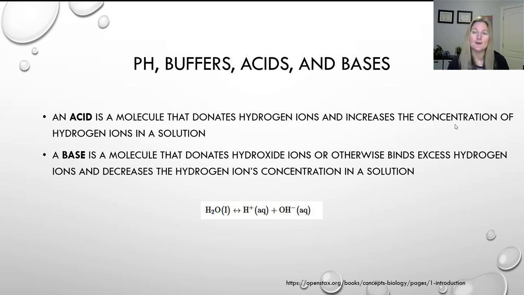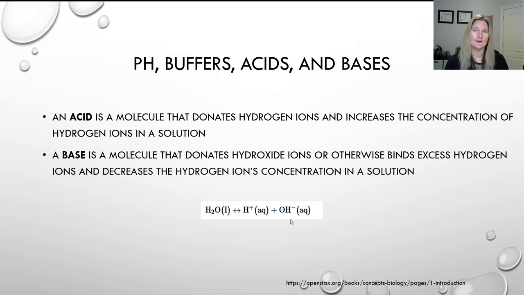Okay, now on the opposite end, we can have a base. So a base is some sort of molecule that donates a hydroxide ion. So hydroxide, if you take a look down here, is OH negative. So this would be an anion, okay, so a negatively charged ion.